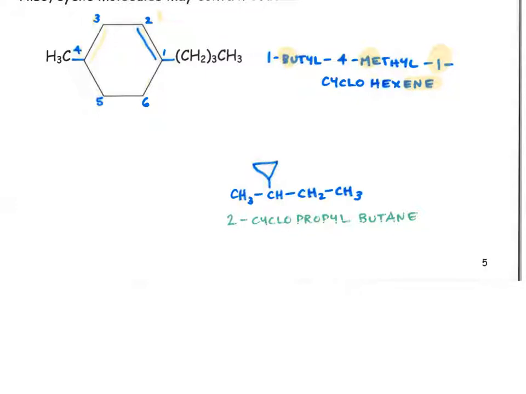That's going to take priority. So this here then is going to be our base chain, butane. And then to indicate that the cyclopro is a side group, we want to make sure that we're putting YL as the suffix, and that tells the reader it's a side group, an alkyl side group, 2-cyclopropyl butane.